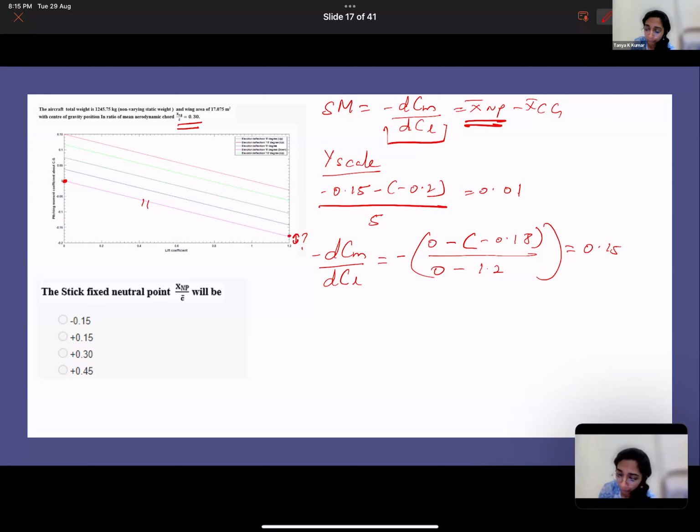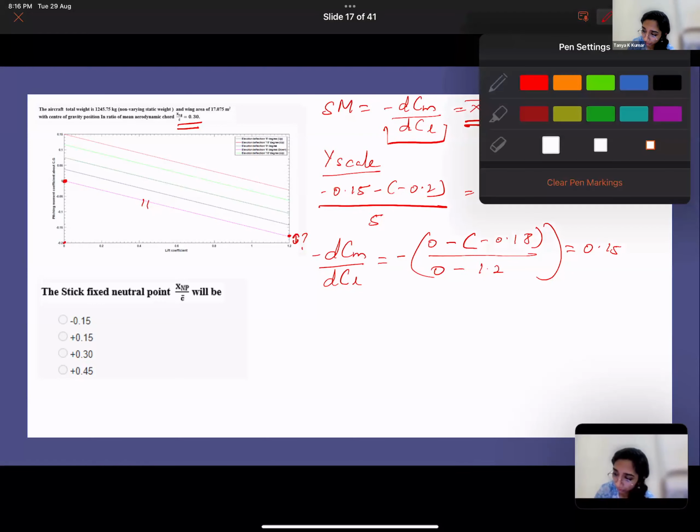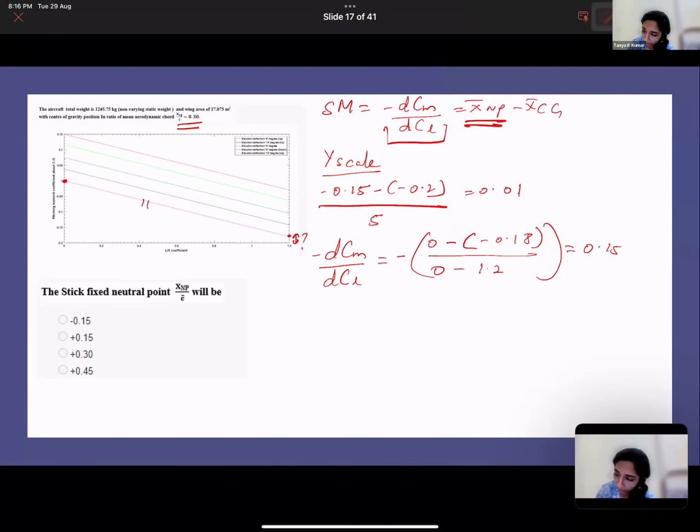CM at this point is minus 0.18. CL at this point is 0. CL at this point is 1.2. Correct? I plugged in those 2 values. This is the first point. This is the second point. I plugged in those 2 values and found out the slope. The slope is 0.15. Is that clear?